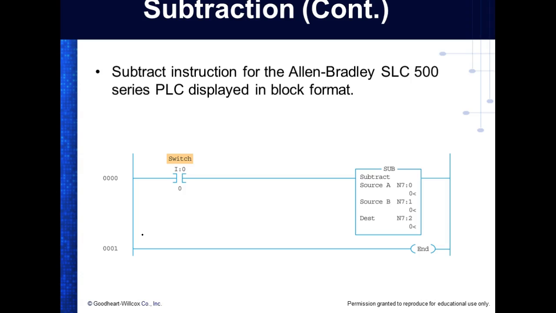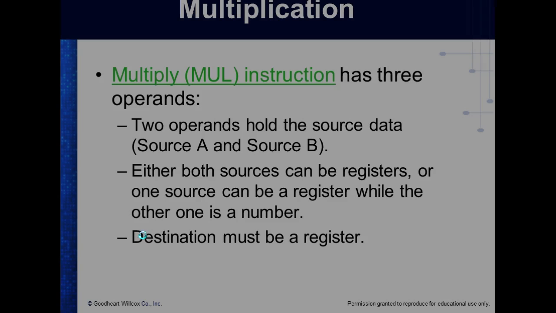But I can't have two constants, because if I always wanted to subtract 3 from 5, I would just use 2. Y'all understand that? And then we have to specify a data file for our what? Destination. You understand that? Yes or no? And this is the same all the way down the line if you understand addition.